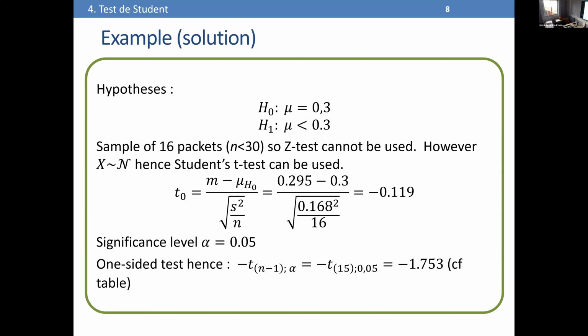And we found a value which is consistent with that. So we do not reject the null hypothesis, because what we see is consistent with the null hypothesis. Does everyone understand?